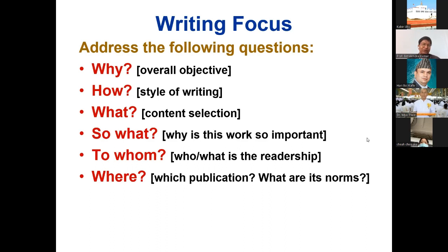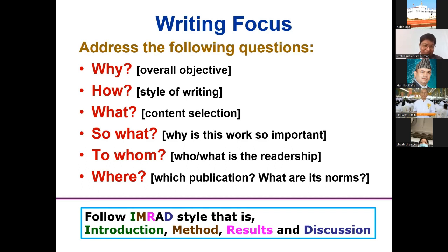Sometimes you make a research problem, and there are research questions: why this is happening, how it happens, so what, to whom is the readership, where it can be published, and what the norms are. These are some of the questions that come to our research scholar.